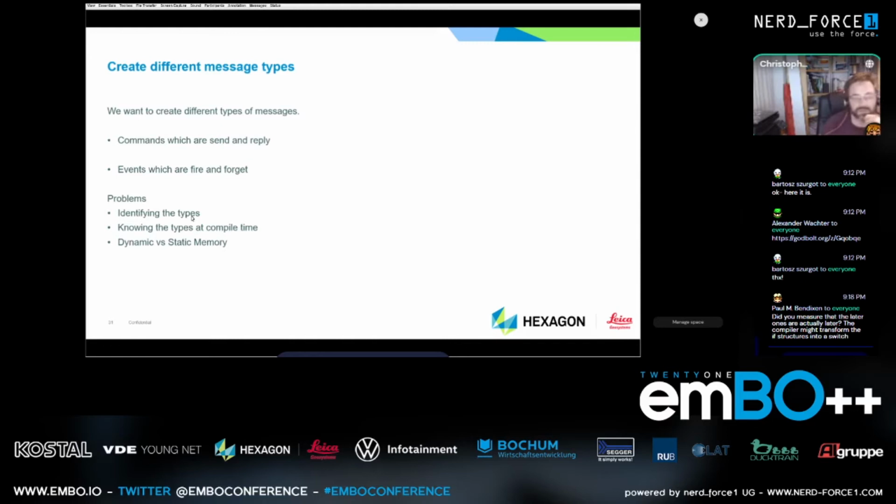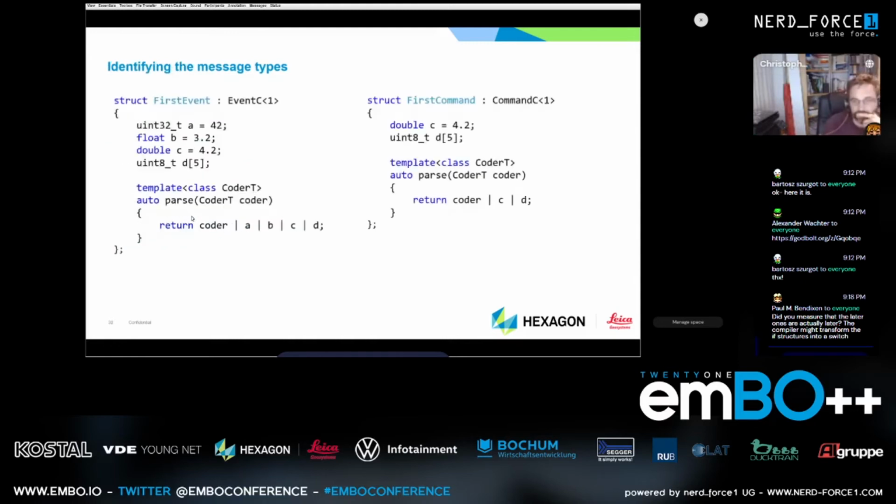In the case of an event, it does not. So we introduced an event type and a command type. Now you inherit from an event and give it the ID, or inherit from the command and give it an ID. Now only the IDs need to be unique within the event types or within the command types.